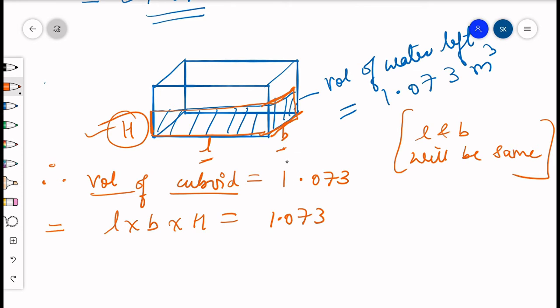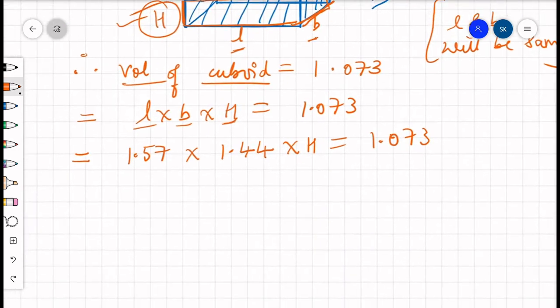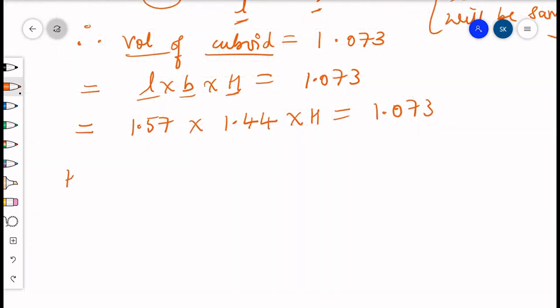Here, the only unknown thing is H, because L and B I'm going to write the same values. So L is 1.57 into B, which is 1.44, into H, we have to find H, equal to 1.073. I'll take H here.